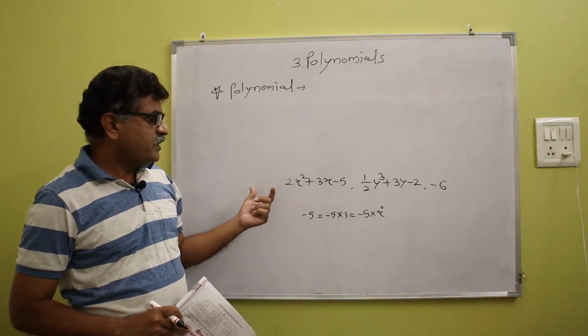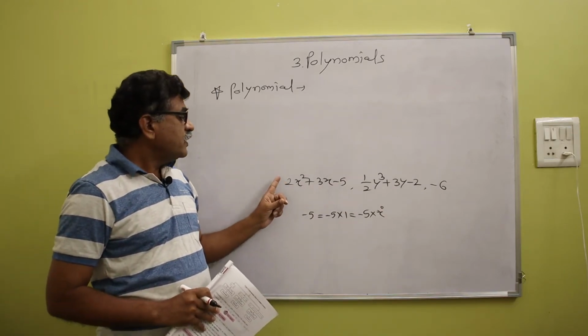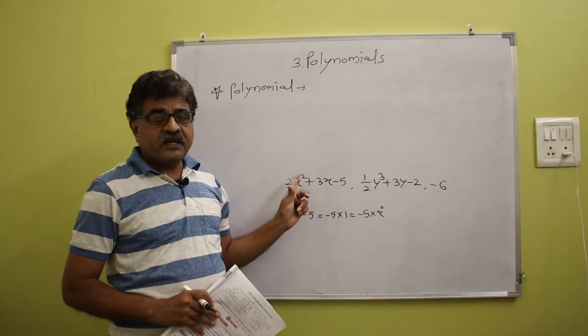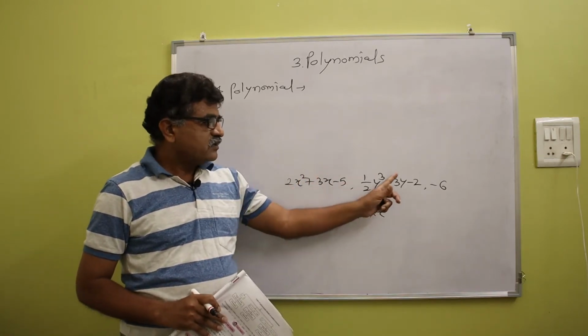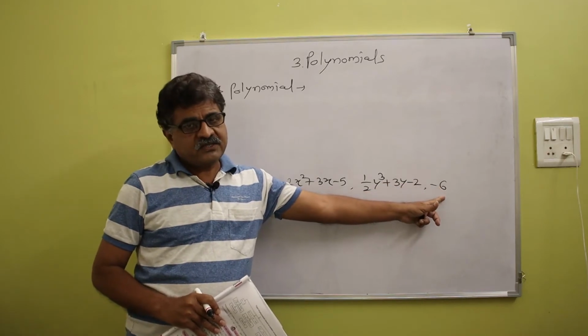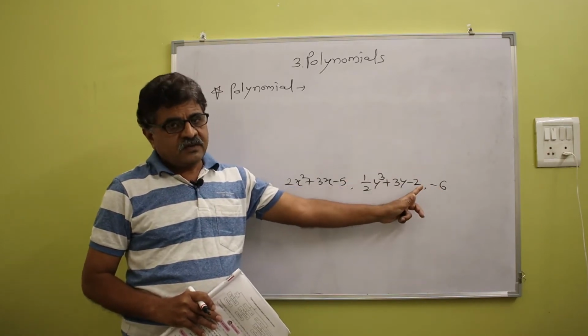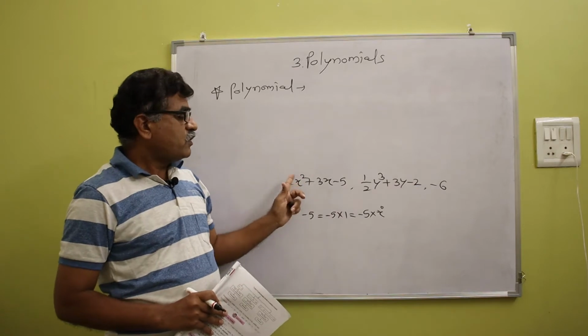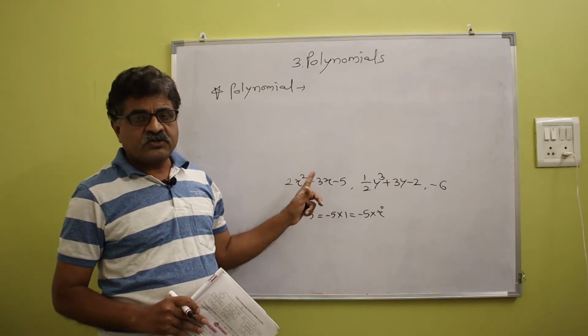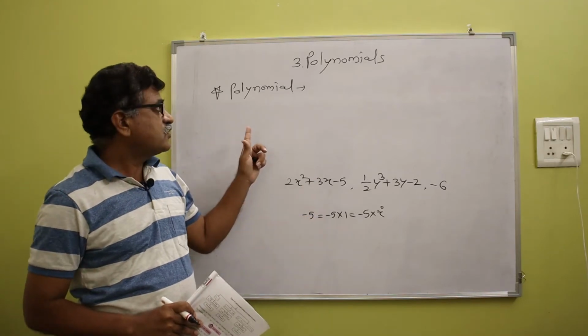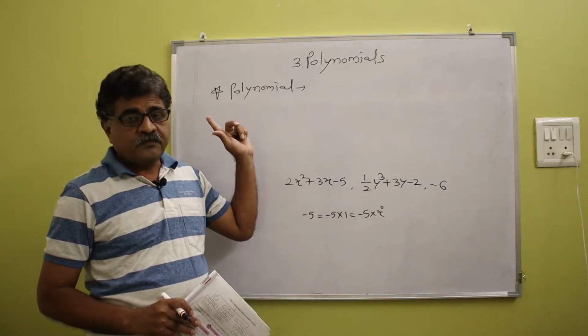Now from this we see that these are examples of algebraic expressions. In an algebraic expression, if the power of the variables is a positive integer or 0, then it is called a polynomial.